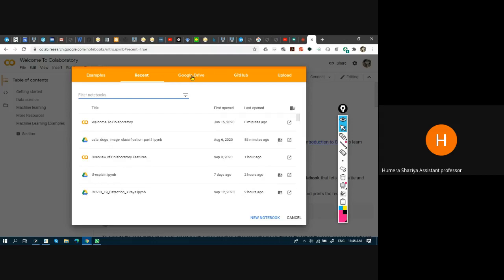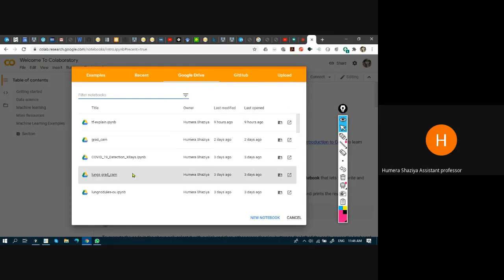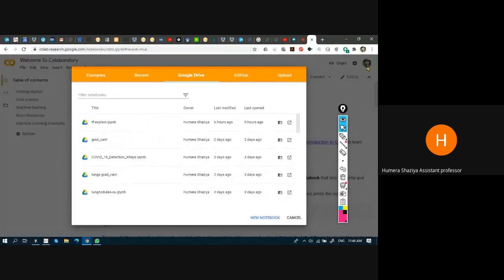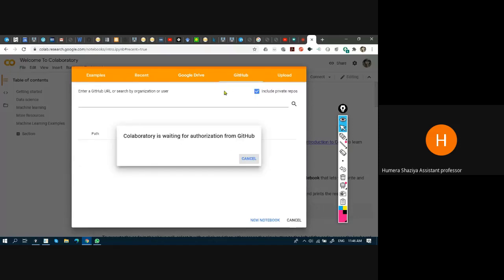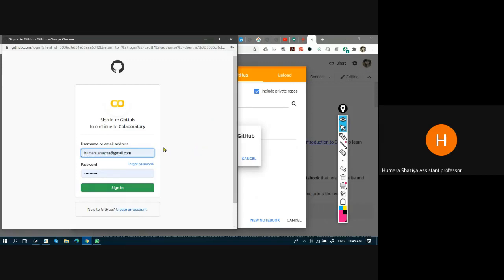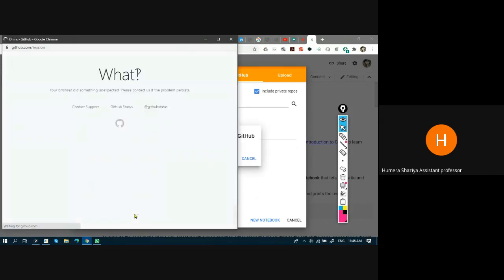It has been integrated with Google Drive, so these programs are stored in my Google Drive. Presently, I am in my Gmail account, and this has also been associated with GitHub. GitHub is a platform where you can store your programs.